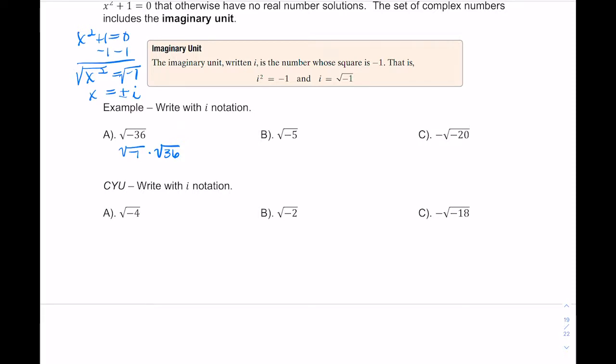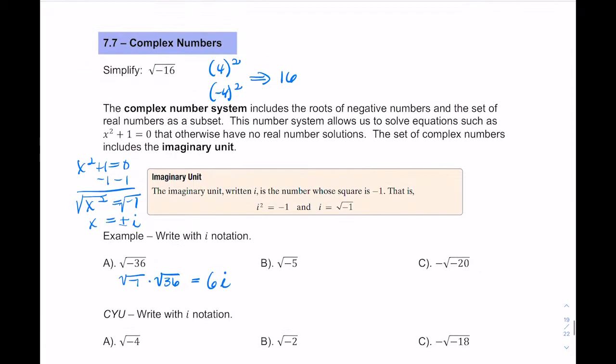The square root of 36 is 6, and the square root of -1 is i, so the answer is 6i. Going back to the square root of -16, we break it into the square root of 16 times the square root of -1. The square root of 16 is 4 and the square root of -1 is i, so we're left with 4i.